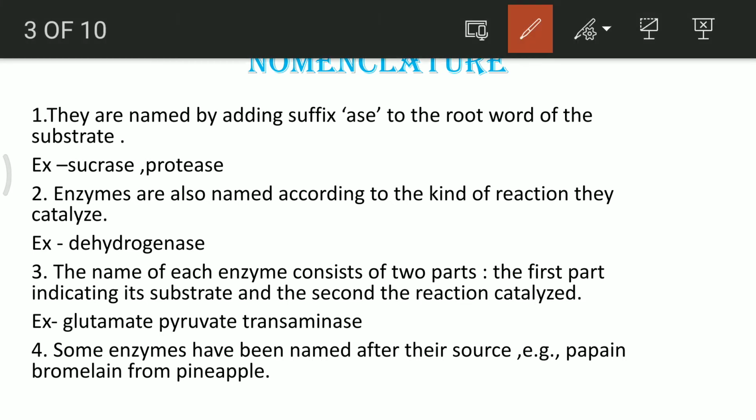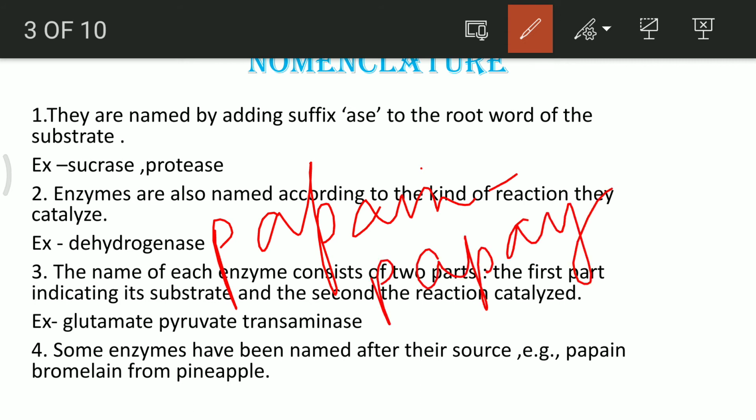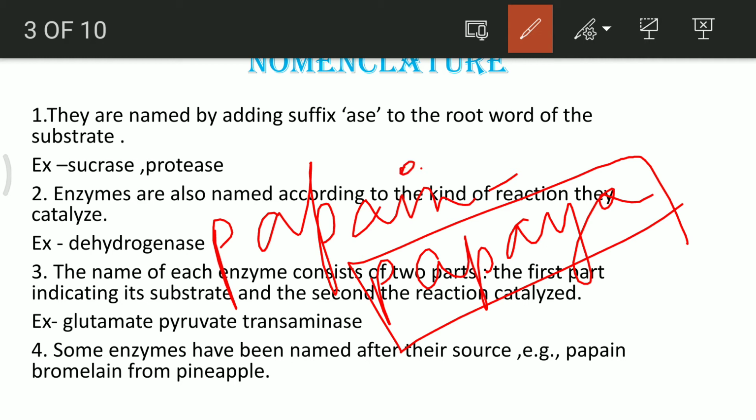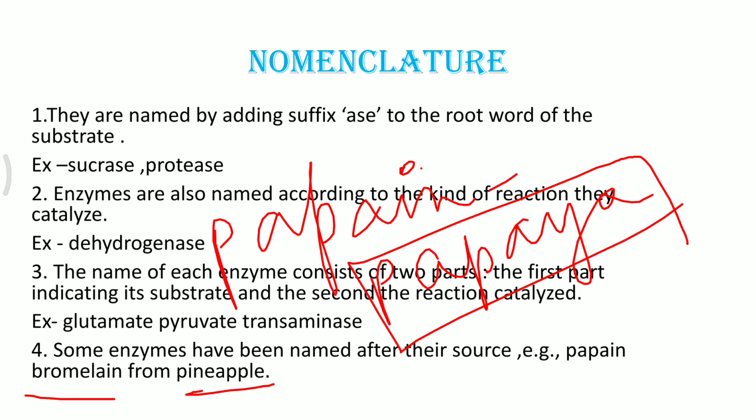Papain from papaya has the property of hydrolysis, and pineapple also has the presence of bromelain, which is a kind of hydrolytic enzyme.